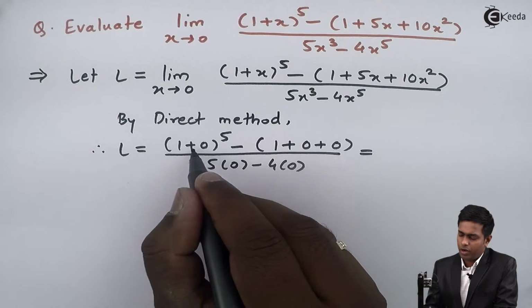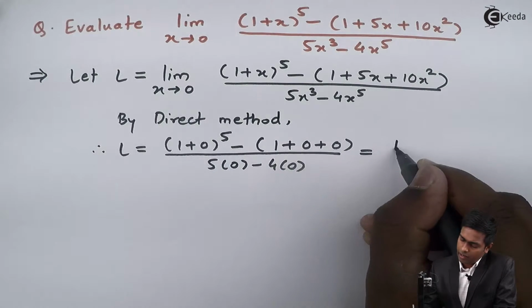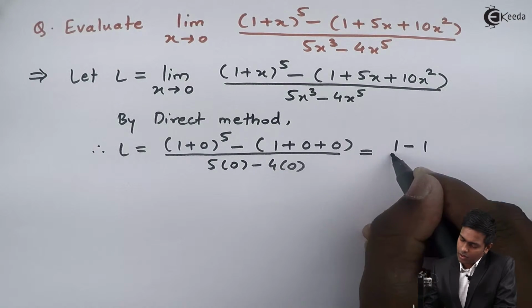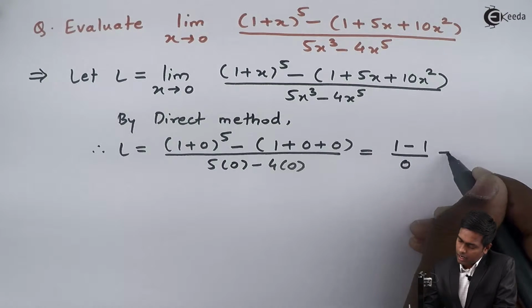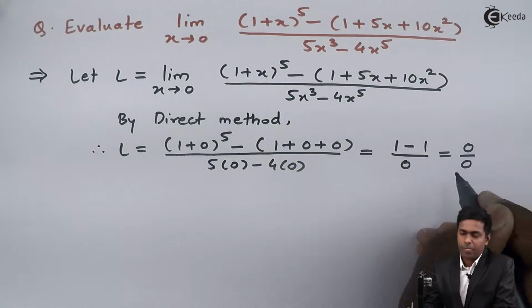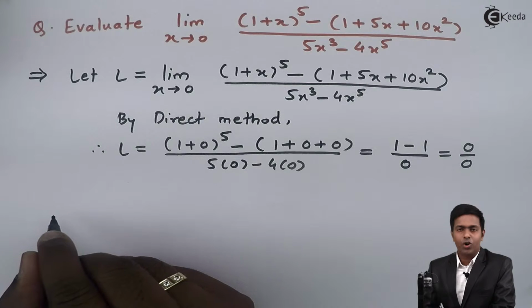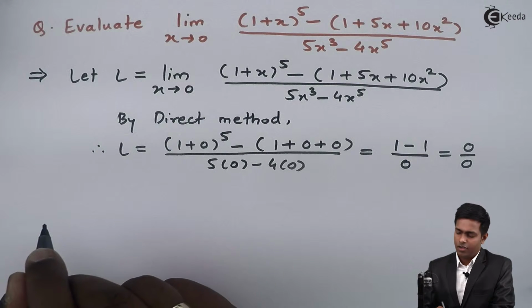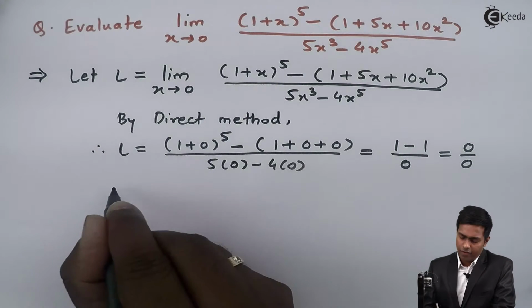So this will become 1 plus 0, that is 1 raised to 5, 1 minus 1 upon 0, and that is 0 upon 0. So whenever we get 0 upon 0 by direct method, we say direct method fails.